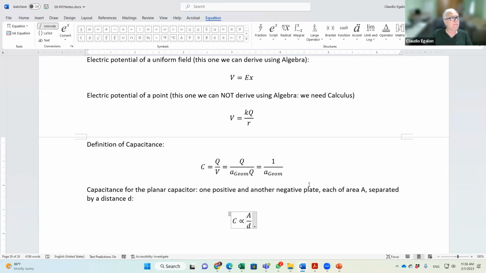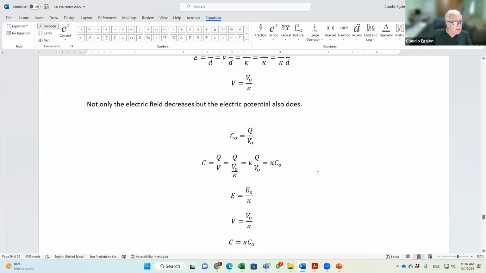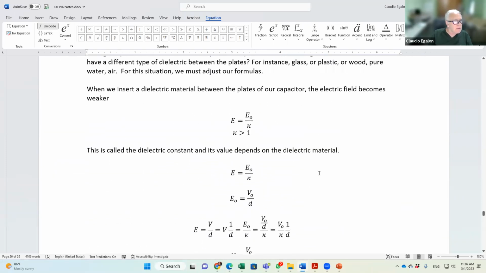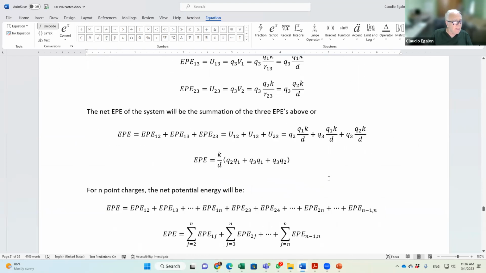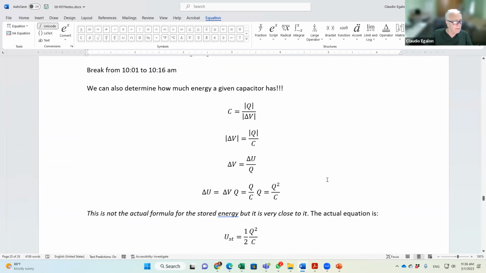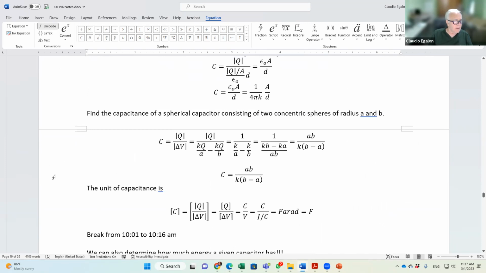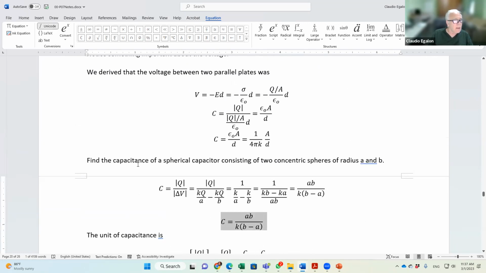Something like that. Even better, let's find out. It's written here, right? Let's find out. Okay, that's for the spherical capacitor. All right. And oh yeah, it is the epsilon naught. See how epsilon naught shows up so frequently.